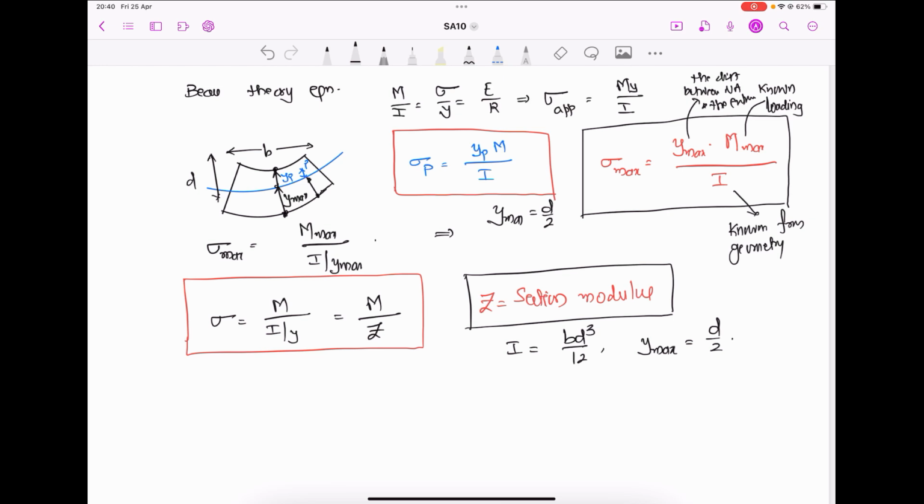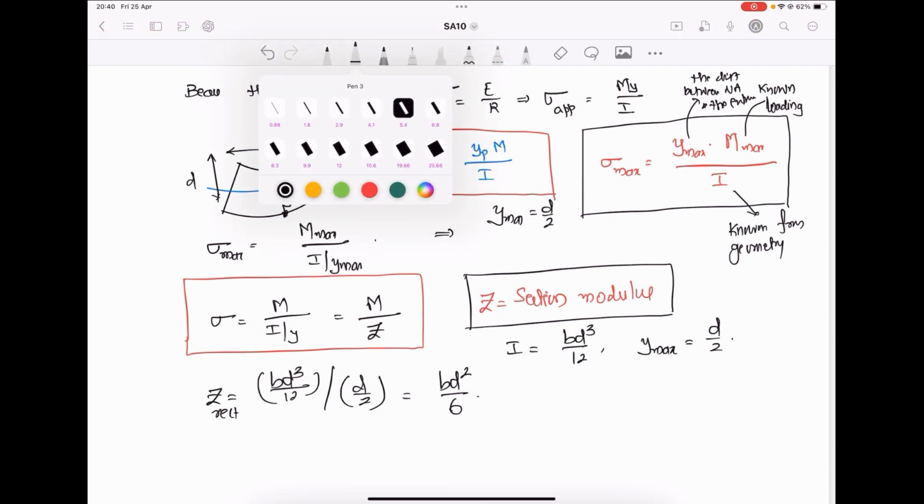Once we know this, that means from the extreme fiber on the bottom or top, if you find out the distance between the neutral axis and the extreme fiber, that is D by 2 for the given geometry, I is known, then Z is equal to, for a rectangular cross section beam, BD cube by 12 whole divided by D by 2, that is equal to BD square by 6.